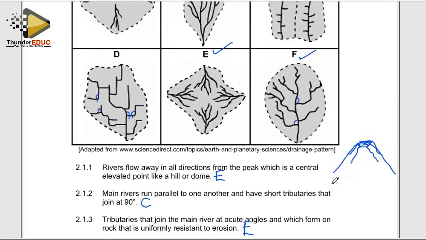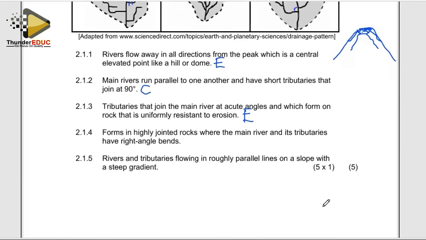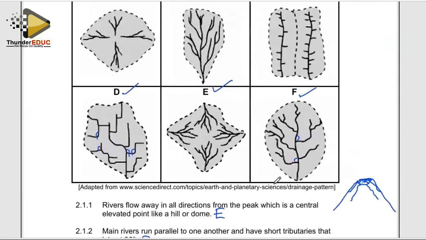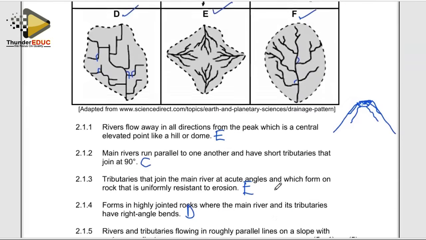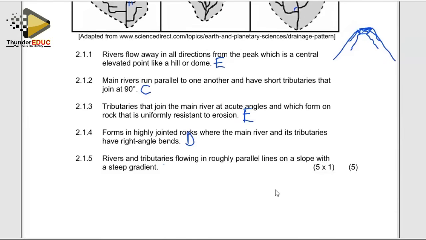That is typical of what is being described here, which is a rectangular pattern. So rectangular pattern is D. Rivers and tributaries flow in roughly parallel lines on a slope with a steep gradient. That describes parallel drainage pattern, and our parallel drainage pattern is B, this one here. Right, so it's B for that one.